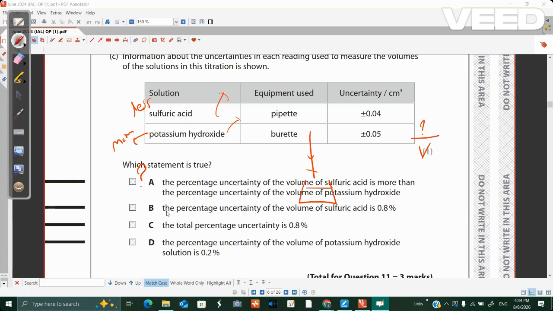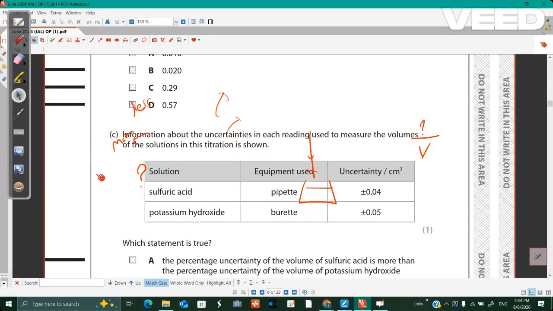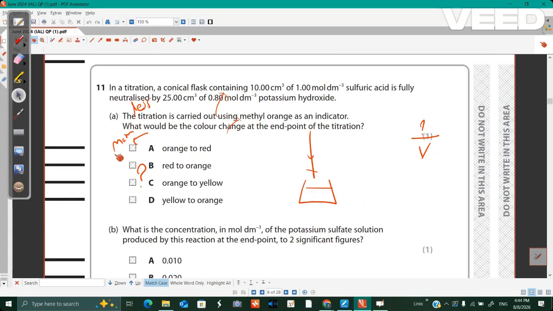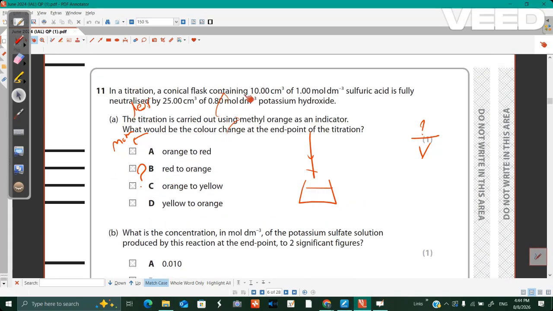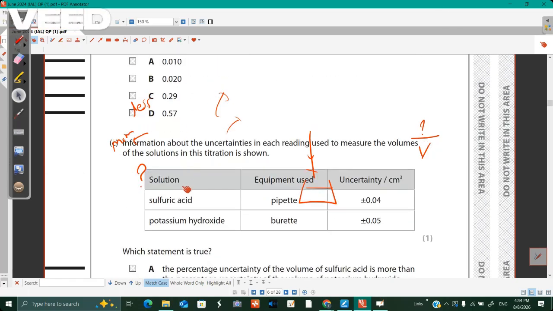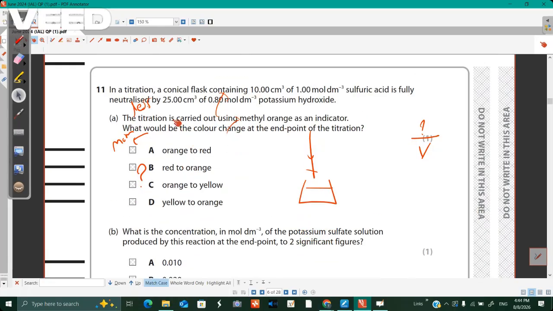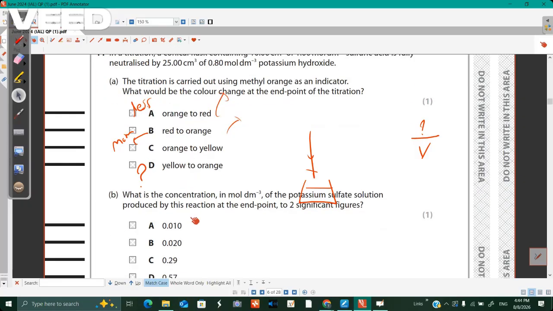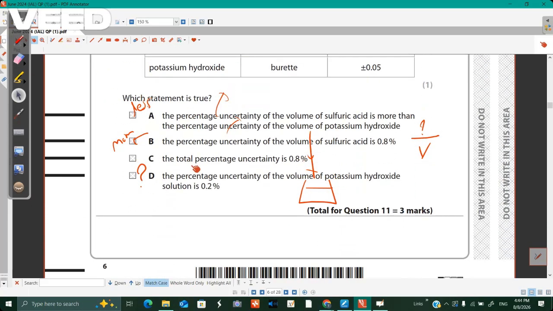The percentage uncertainty of the volume of sulfuric acid is 0.025. Are they talking about the same? They are talking about this, right? So in that case, sulfuric acid 10 cubic centimeters using a pipette and 25 potassium hydroxide. In that case the percentage uncertainty in the burette is much less since the volumes are different.